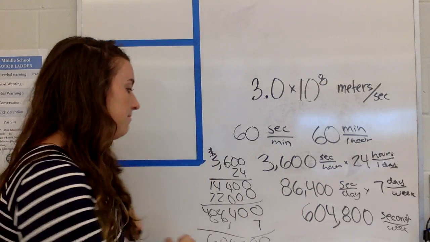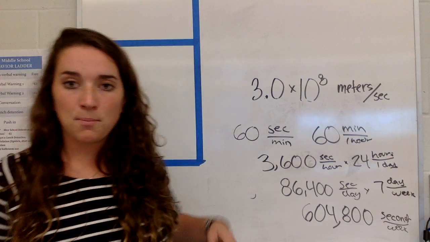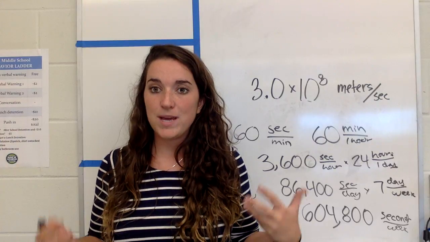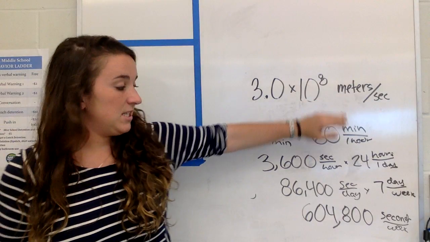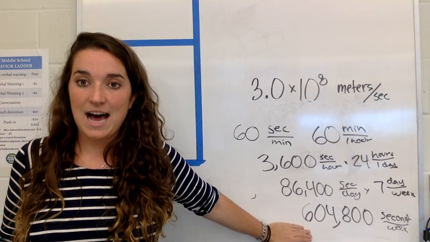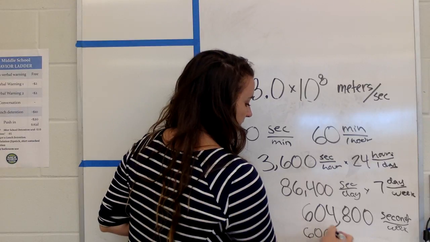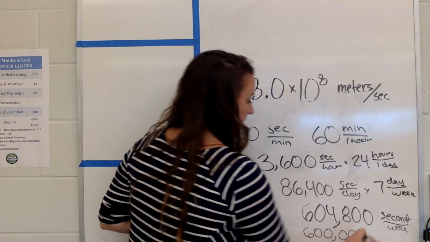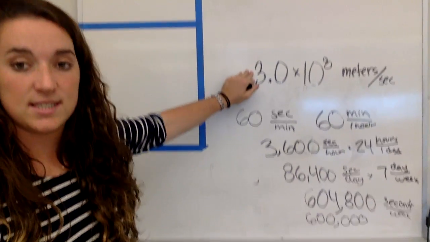I'm going to need to multiply them. It says approximately how far does light travel in a week, so I want to estimate my numbers. This number is already pretty easy to work with. This number is not. So I'm going to make it instead 600,000. So now I'm multiplying 600,000 and this number up here.